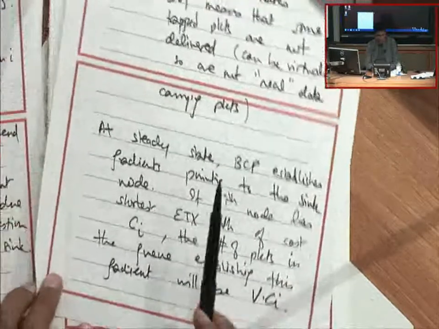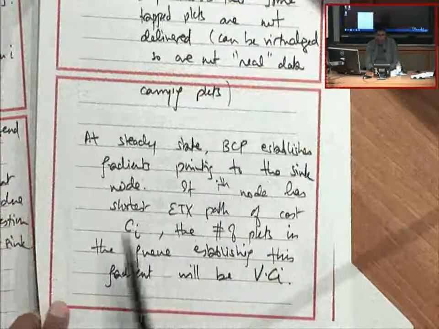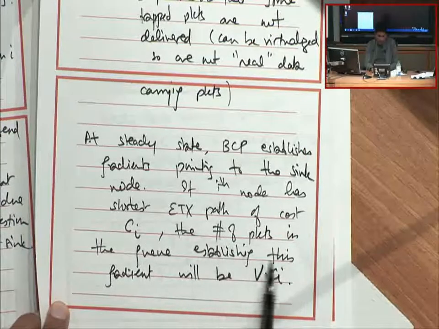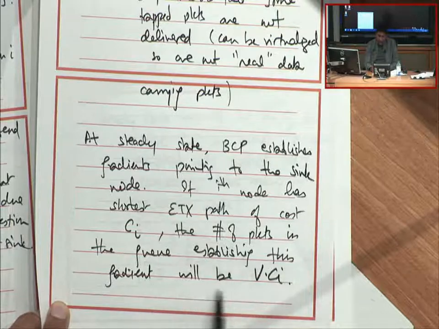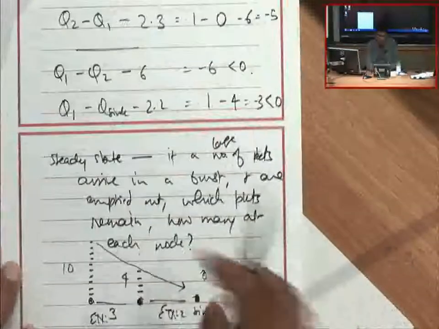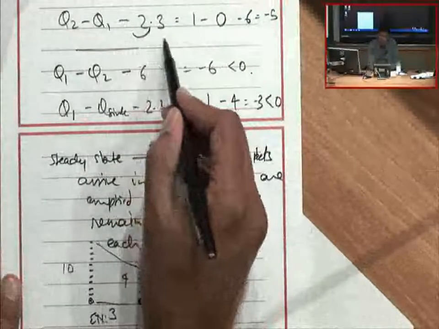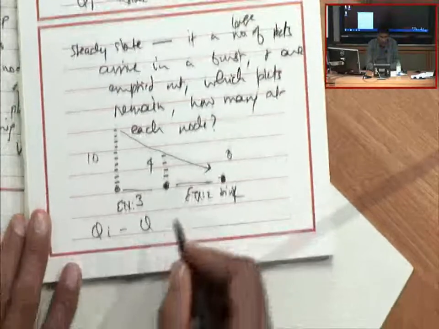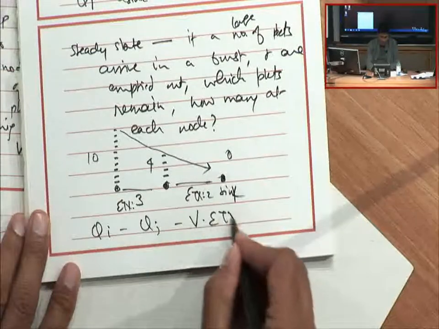And if the ith node has the shortest ETX path of cost Ci, the number of packets in the queue establishing this gradient would be V times Ci. So what is V? V is the weight with which we're combining to the ETX. So BCP says Qi minus Qj minus V times ETX Ij.